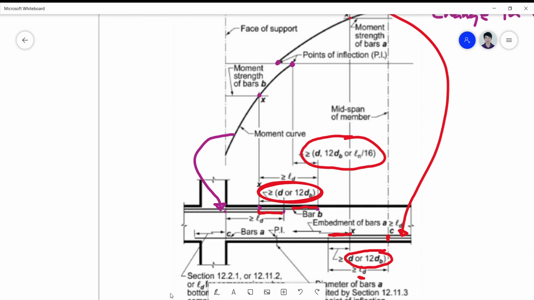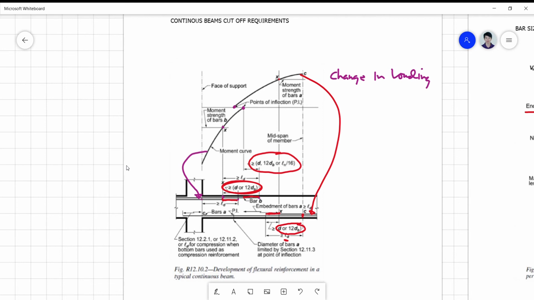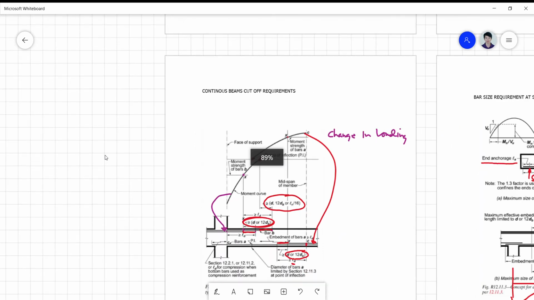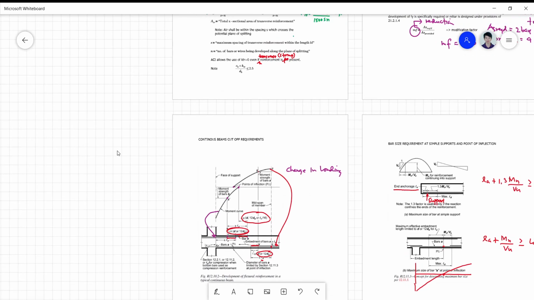In your laboratory next week, I'll give you your lab, maybe on Tuesday. You will be computing the cutoff points.